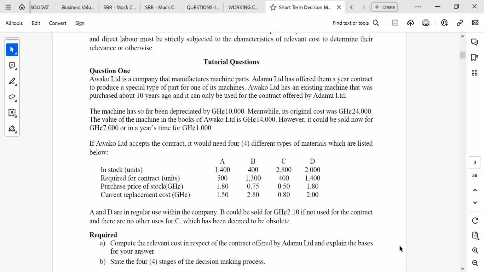Okay. But material B, how many quantity do we have in stock? 400. How many quantity do we need? 1,300. So it means that we can use 400 in the store and purchase what? 900. Okay.